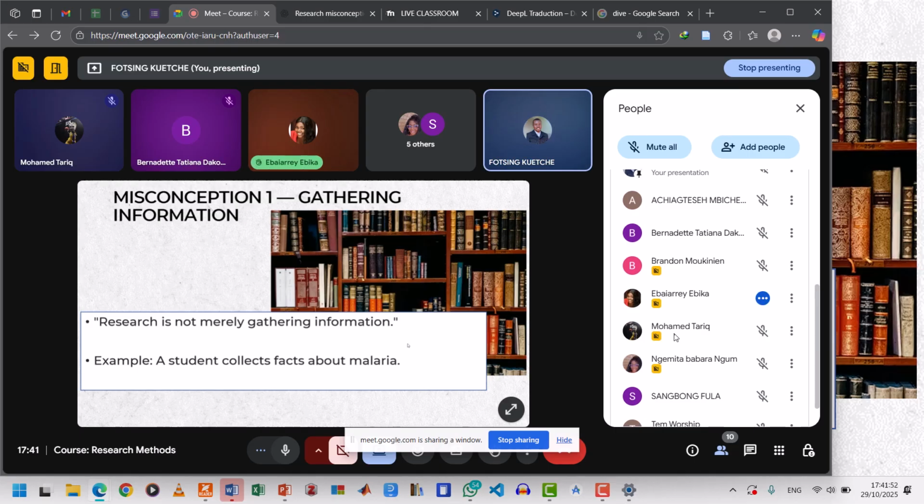Mosquito nets. Okay. Is that really a kind of prevention?